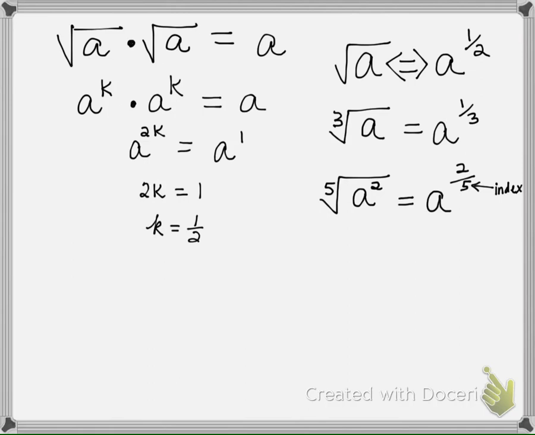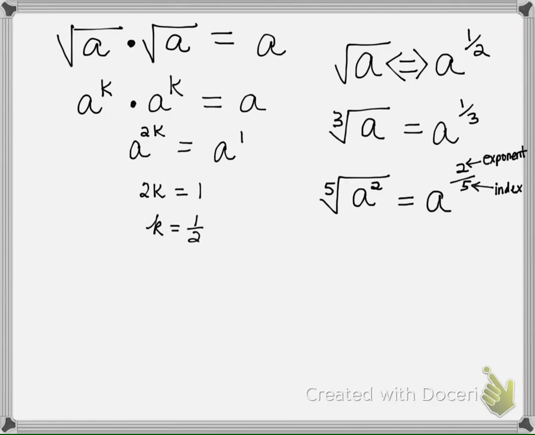If there happens to be an exponent greater than 1, then make sure we use that exponent as our numerator. So some of the work you're going to do tomorrow has you transforming between radical form and exponential form, and then vice versa, starting with exponential form and writing it in radical form.